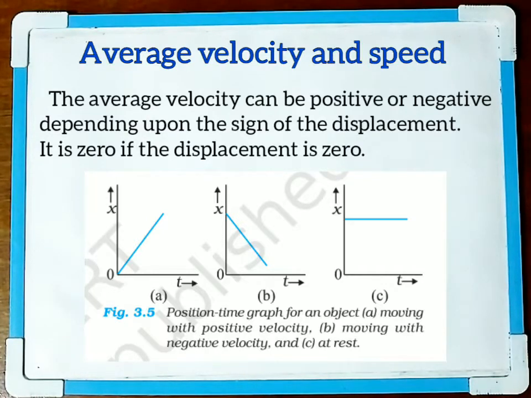And for the case B, here is the motion of an object with a negative velocity, and again here you can see the slope is negative, hence the average velocity here also is negative. And in the case C, you can see that the position of the object is same. It's not changing its position. So in this case the velocity is 0, or the object is at rest. So the velocity can be positive for case A, negative for case B, and 0 for case C, just like displacement.